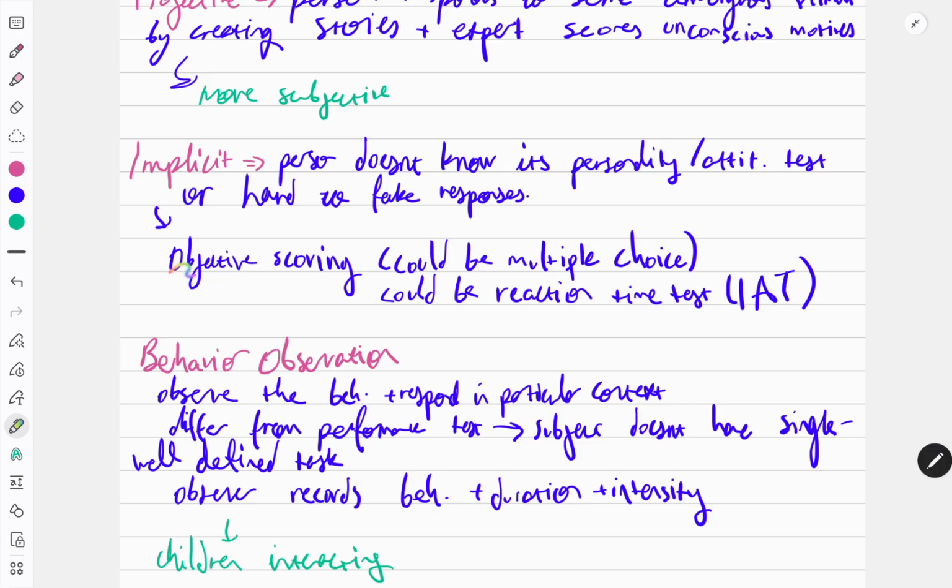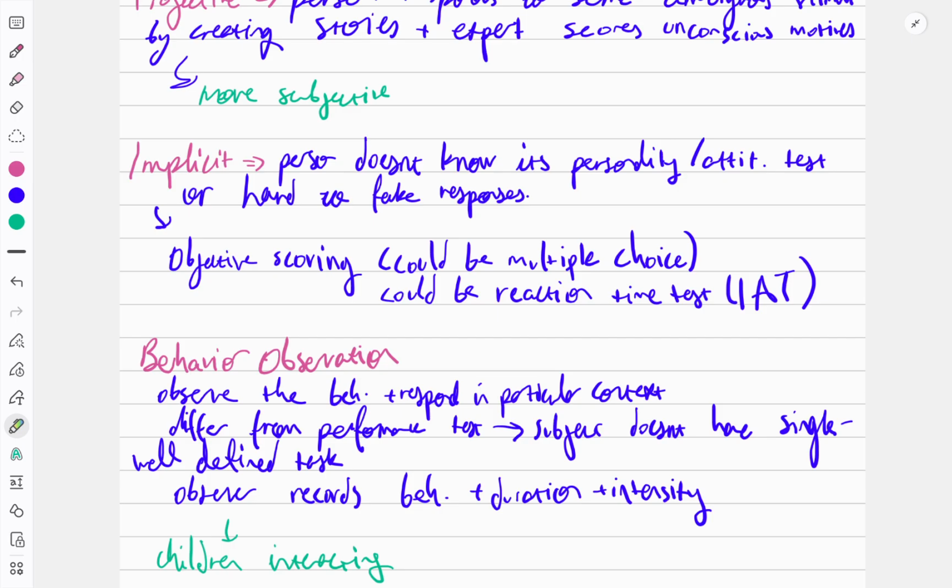Implicit tests can be based on objective scoring, like Harvard's implicit test is based on objective scoring. It's based on how fast you answer certain questions and how fast you can group certain items.